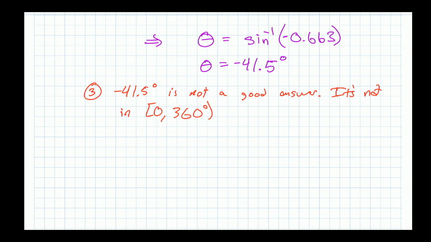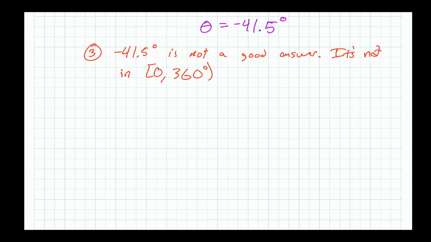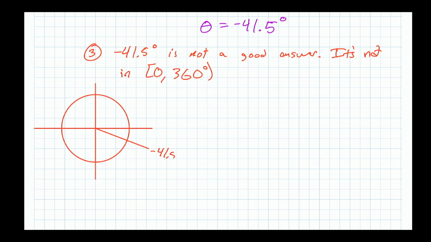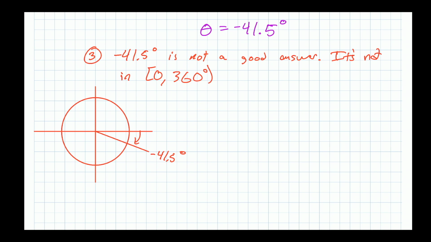So how do we get that? Well, that's where you have to go back and use what you know about coterminal angles that you learned about earlier in the semester, right? On the unit circle, negative 41.5 degrees is down here someplace, right? But that's this way. But you could also measure the same angle just all the way around, couldn't you?